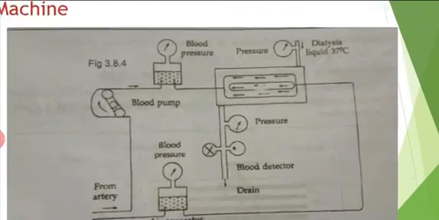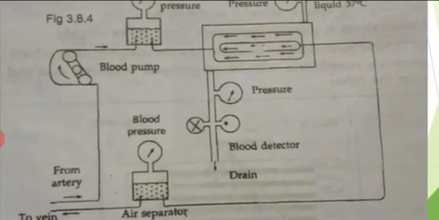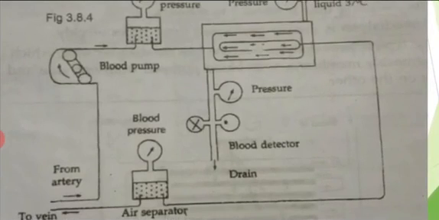Here they are using a blood detector monitor. If any one of the membranes is ruptured, then some blood contents are mixed into the electrolyte solution. That blood in the electrolyte solution is detected using this blood detector.